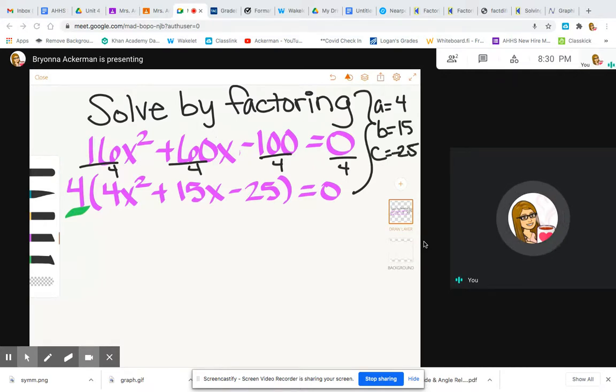And so the AC method says, okay, take A times C. So again, A is 4 and C is negative 25. And so 4 times negative 25 gives me a negative 100. And so now we need to factor that. And we need to factor it so that when I add them together, they're going to equal 15.